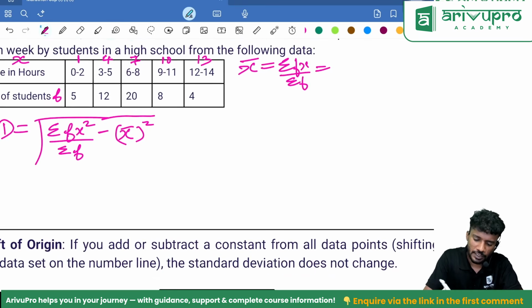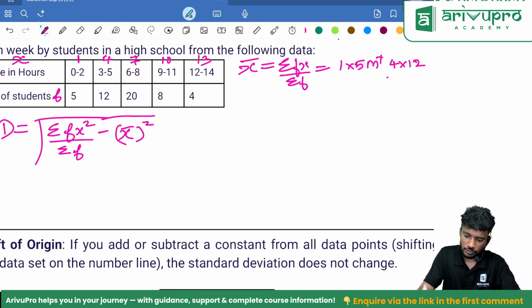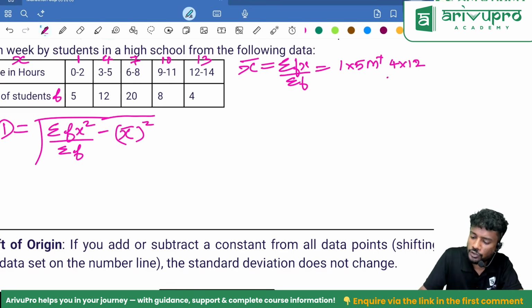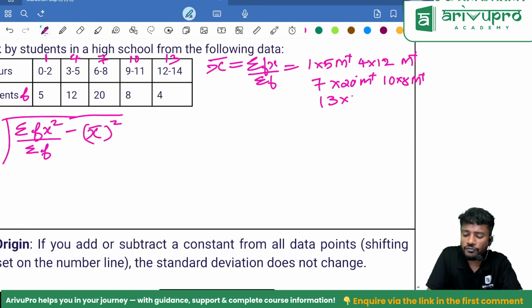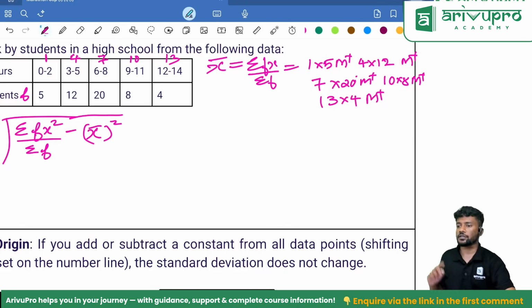First one is 1 into 5, M plus, then 4 into 12, M plus, then 7 into 20, M plus, 10 into 8, M plus, finally 13 into 4, M plus. Did you get the point, people? Is that clear?